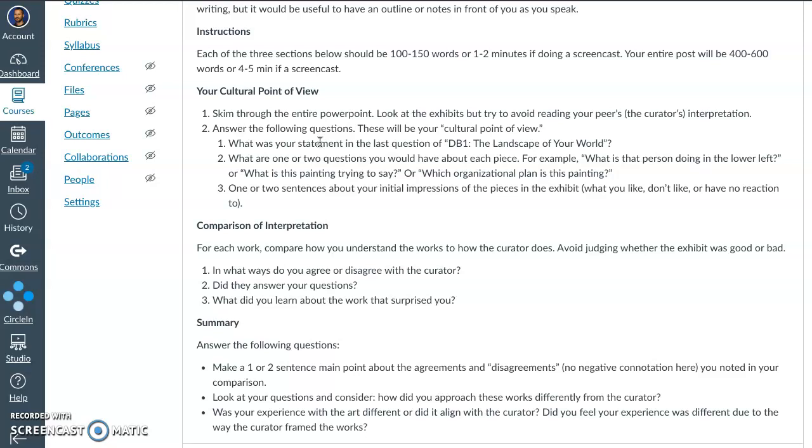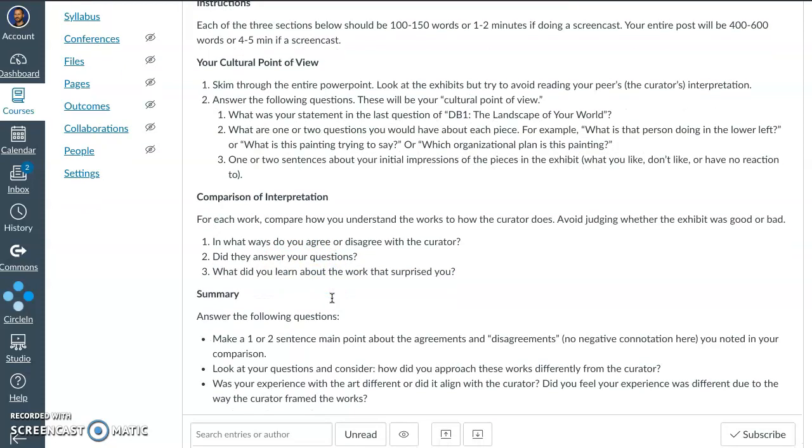You can say this is because of such and such difference, or maybe you overlooked something, or maybe they overlooked something. Some questions you might answer: in what ways do you disagree or agree with the curator? Did they answer your questions? You had one or two questions for each work. Did they answer them? And what did you learn about the work that surprised you?